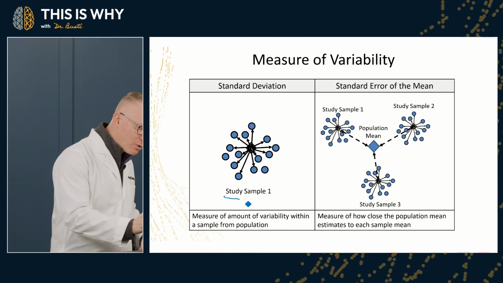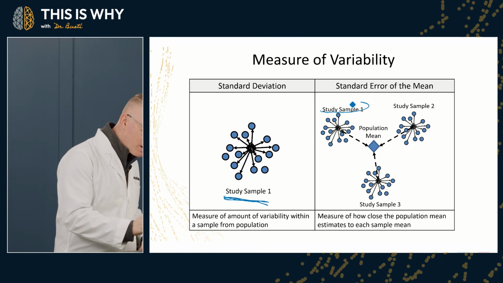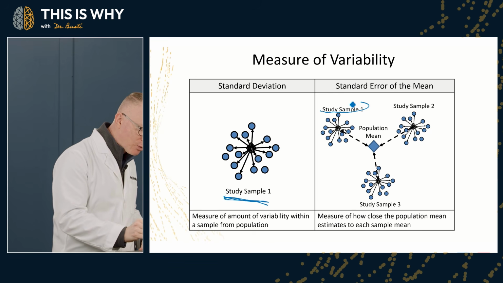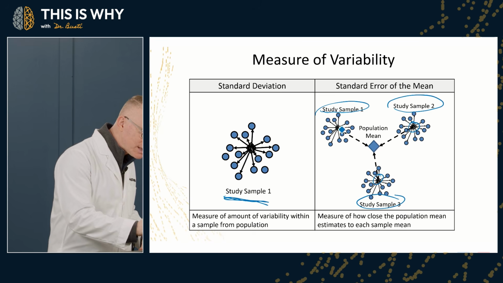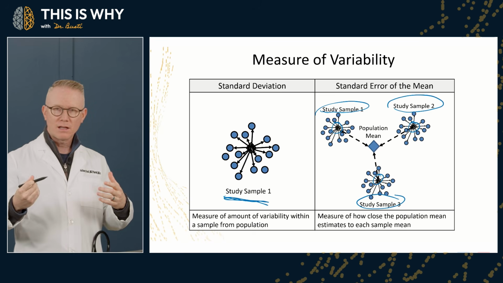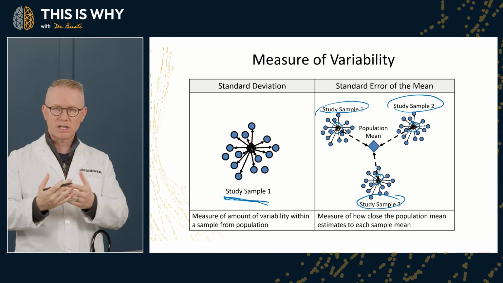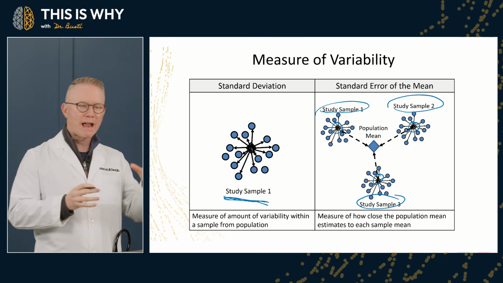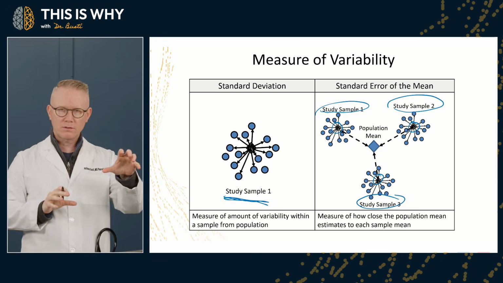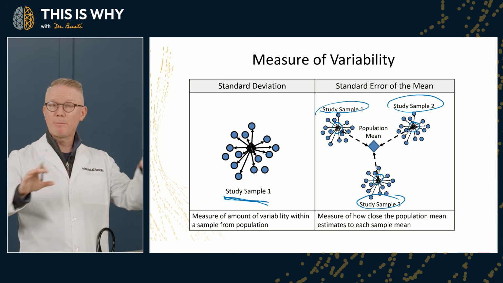But remember, so this is over here, let's say you do another study sample from the same population and a third one. They all have their own individual sample means, and inside of each of those study samples, they have their own standard deviations. But now, how do those compare? What's the variability?